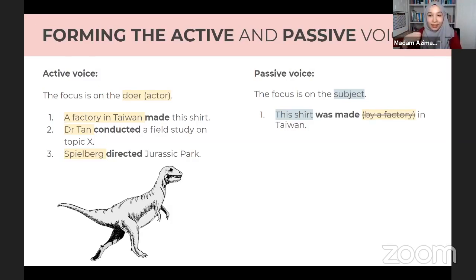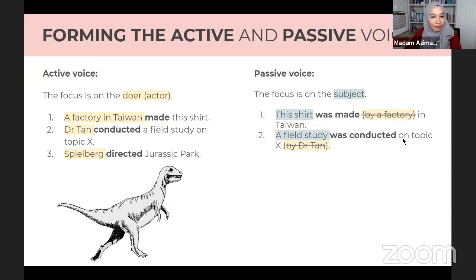This shirt was made by a factory, if I want, in Taiwan. So passive voice, I've changed the subject to this shirt instead of a factory in Taiwan. And I've deleted by a factory because in a passive sentence, normally you don't need to write by. If it's not important, don't. Okay.